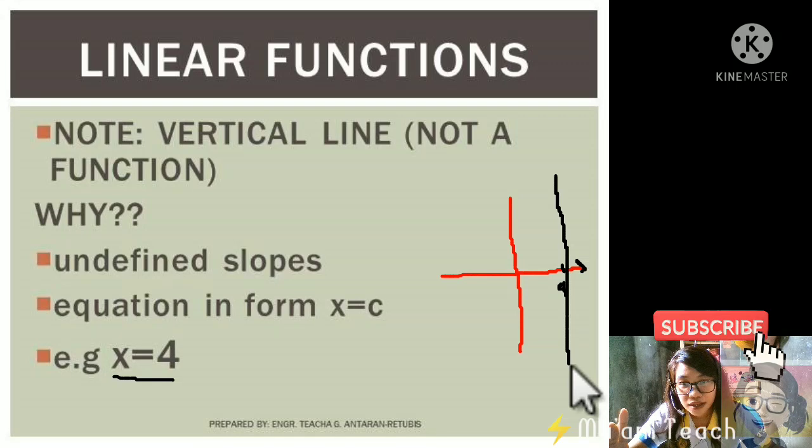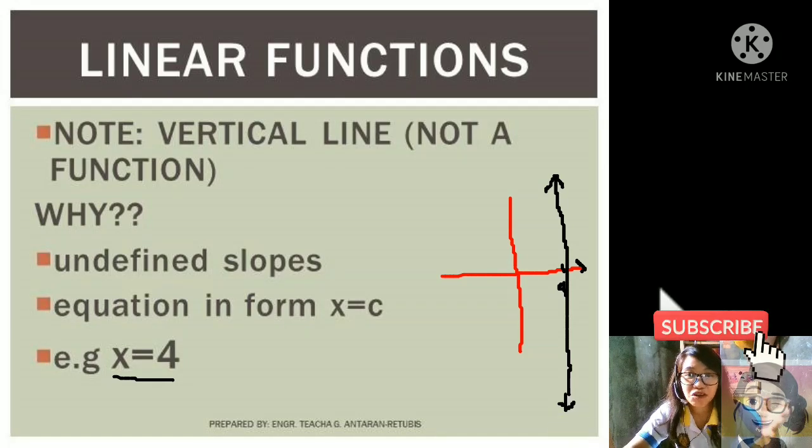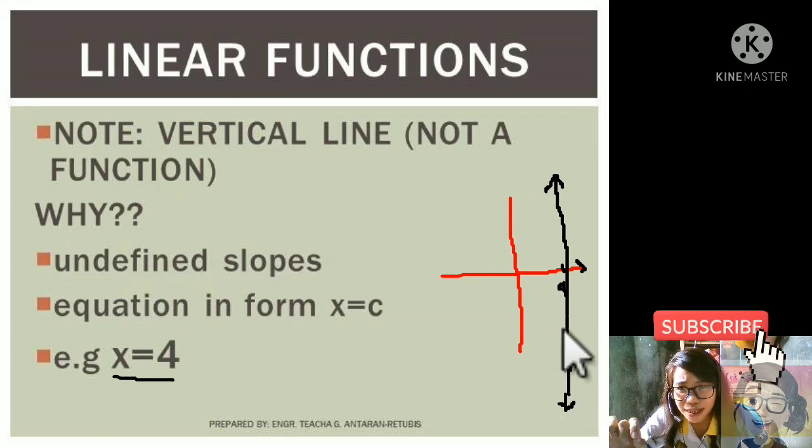Okay? So as you can see, if you graph a line looking like that, all the time the value of your x is 4. It doesn't change. It's because it's stated there that x is equal to 4. So what does it mean? It only means that in every value of 4, as you can see here, let's take this part, this one.